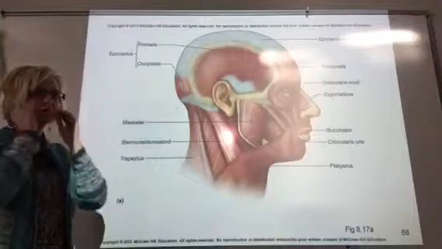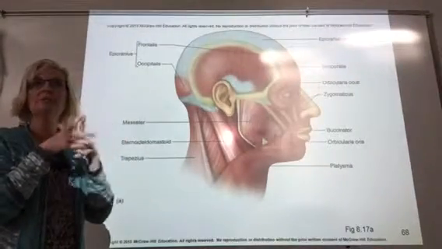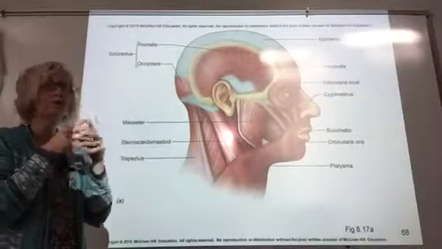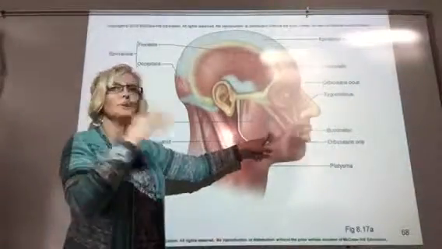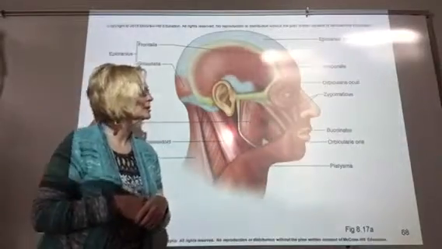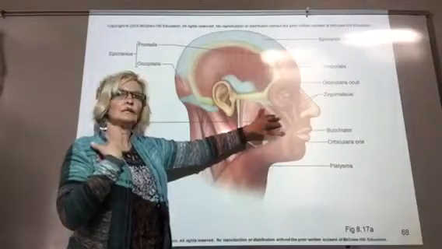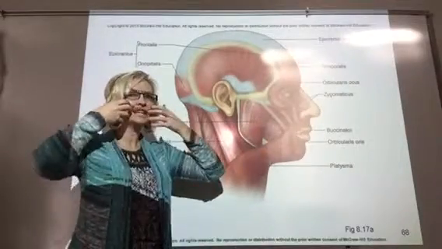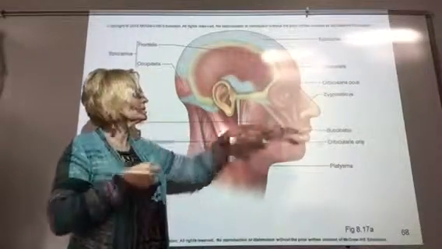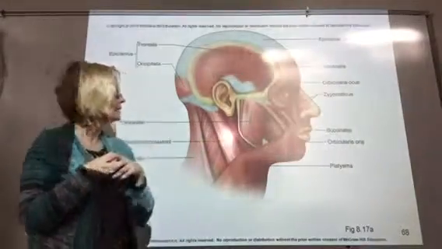So it's used to force or to blow, if you're in band and playing a horn. And so blowing air, spitting, the buccinator is very important for that. Zygomaticus is your smiling muscle. So when that lifts, it's going to pull your lips up. So the zygomaticus is what causes you to smile.